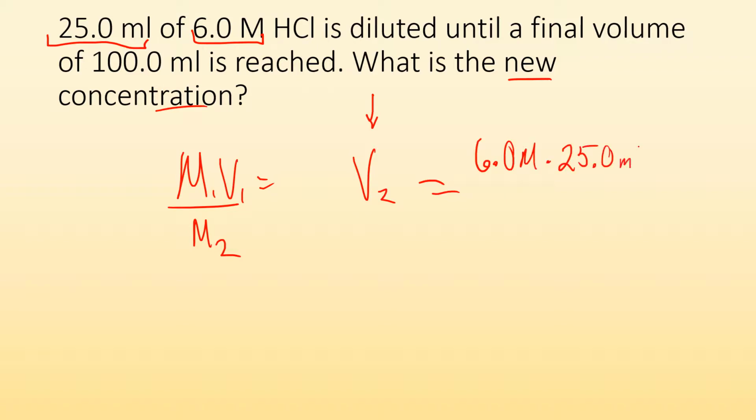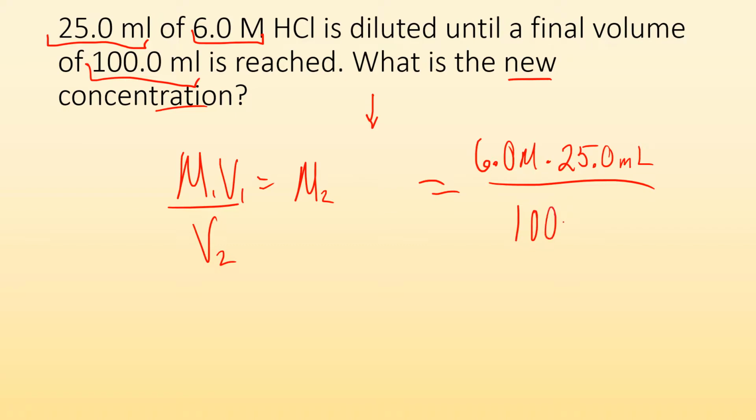25.0 milliliters. And my, oh, they want, sorry guys, I goofed. Forgive me. They wanted concentration. So that's what happens. Sorry if I confused you. Anyway, so now I got to divide by the new volume, which in this case is 100.0 milliliters.